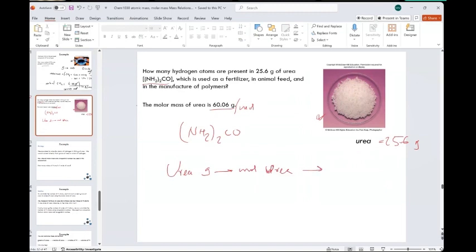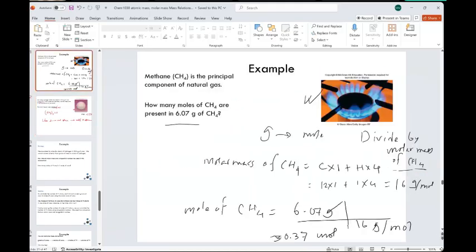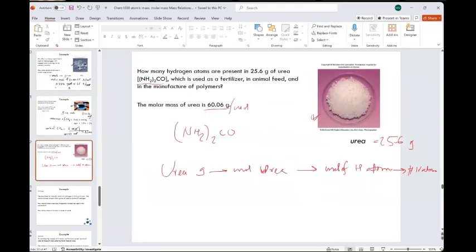And then moles of urea to moles of hydrogen atoms. Moles of hydrogen atoms to number of hydrogen atoms using Avogadro number. So it's a multi-step conversion process. Even though it seems like a small little problem, it's not. It's a multi-step problem.